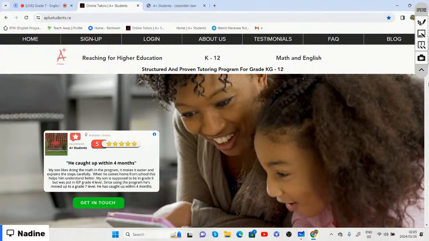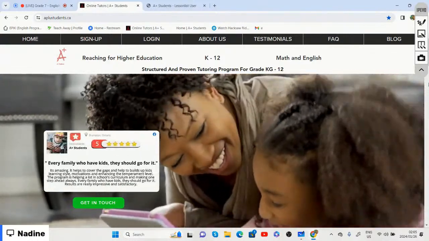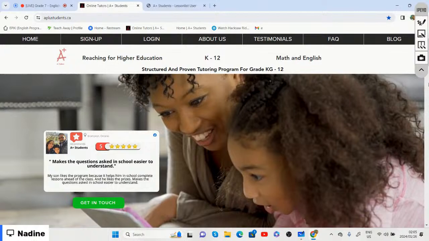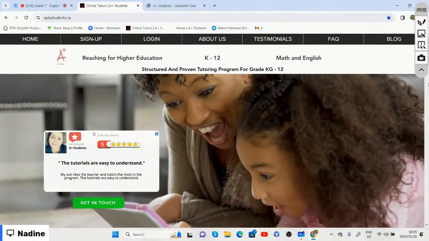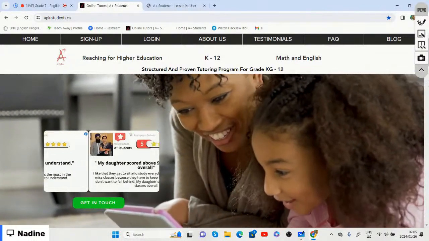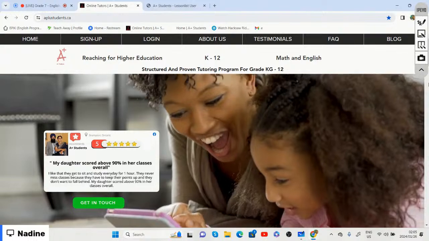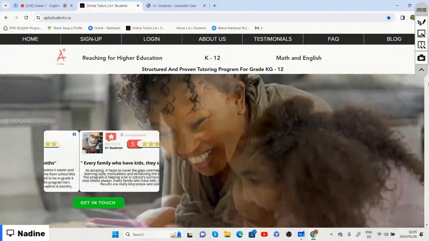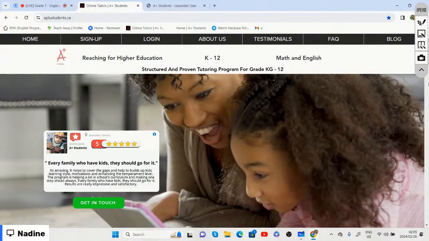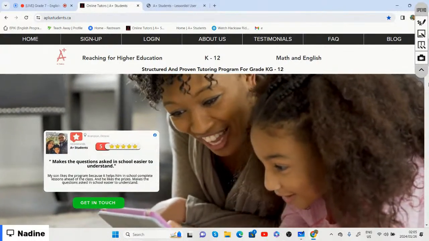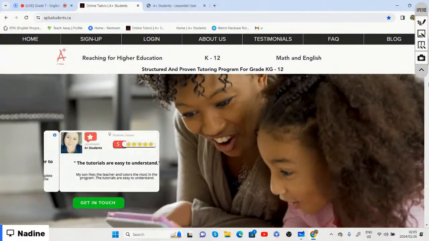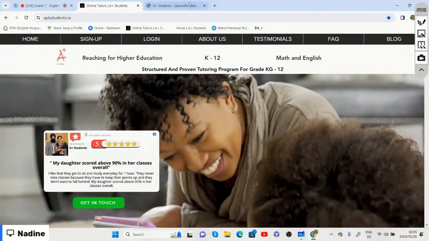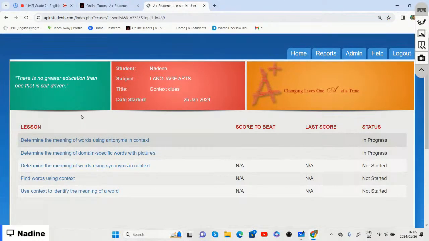Once you've logged on with your username and password, you're going to select the subject of language arts, grade 7, and then scroll down until you get to the chapter of context clues.